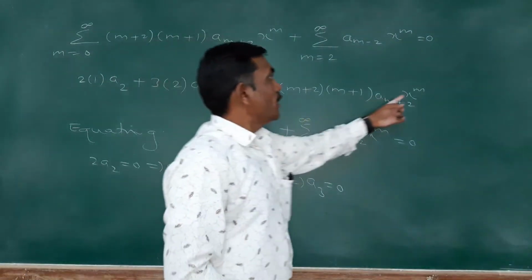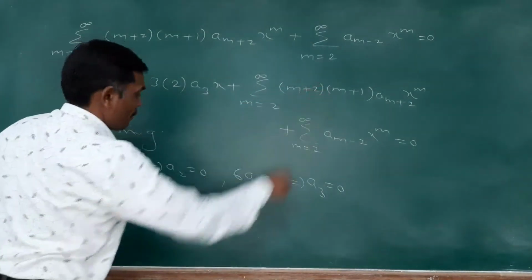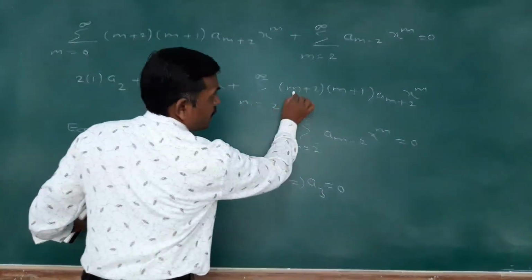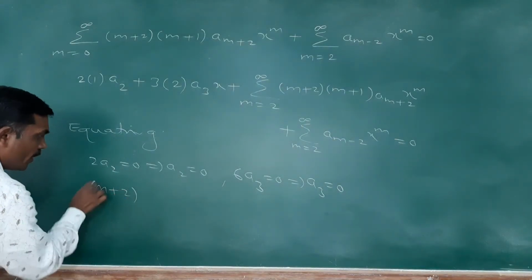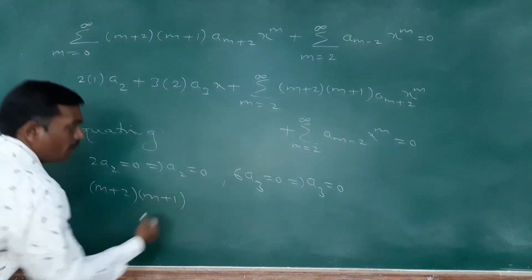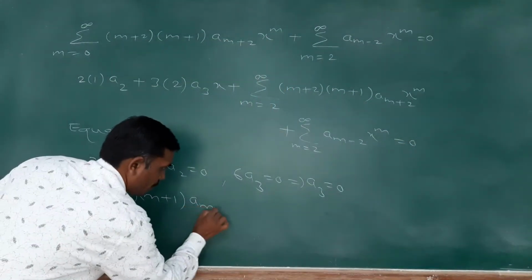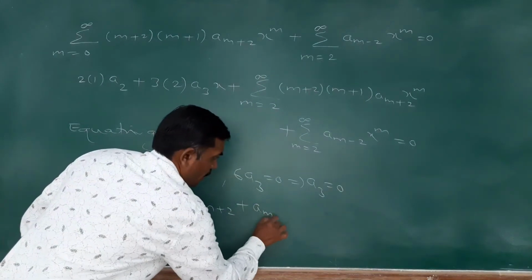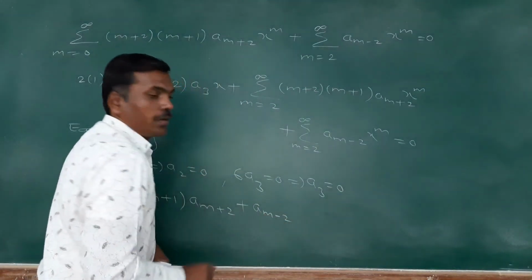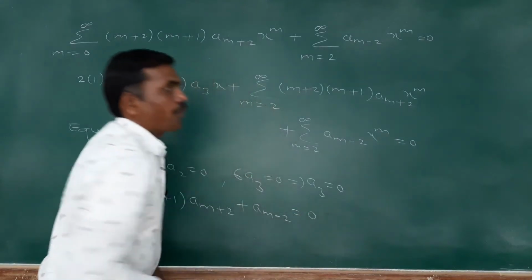Now equate the coefficient of x raised to m. Coefficient of x raised to m is (m+2)(m+1)a_{m+2} plus a_{m-2}, and is equal to 0.